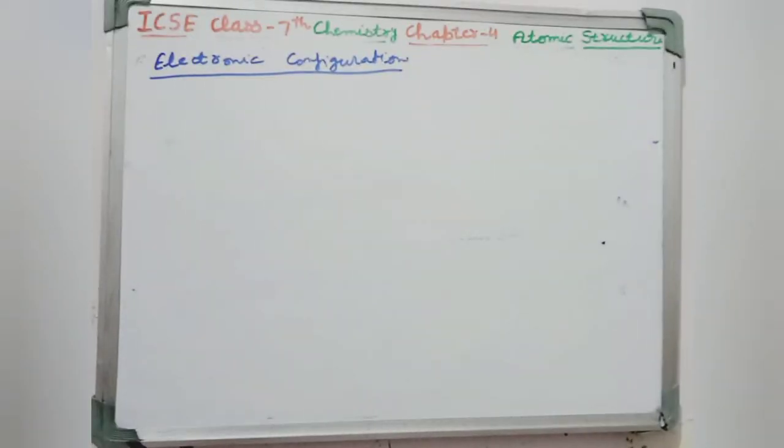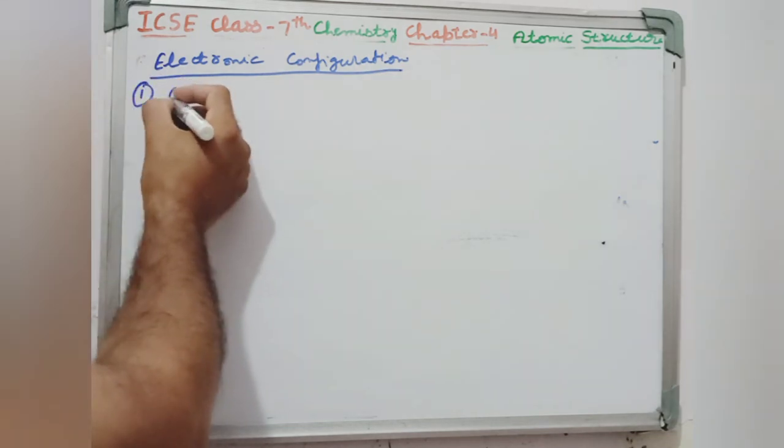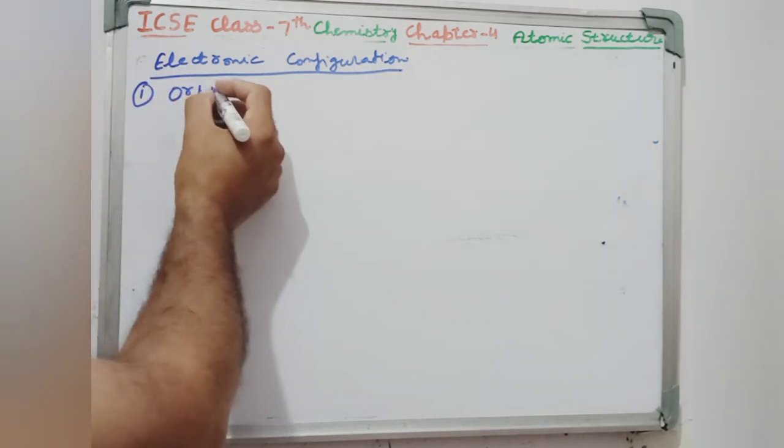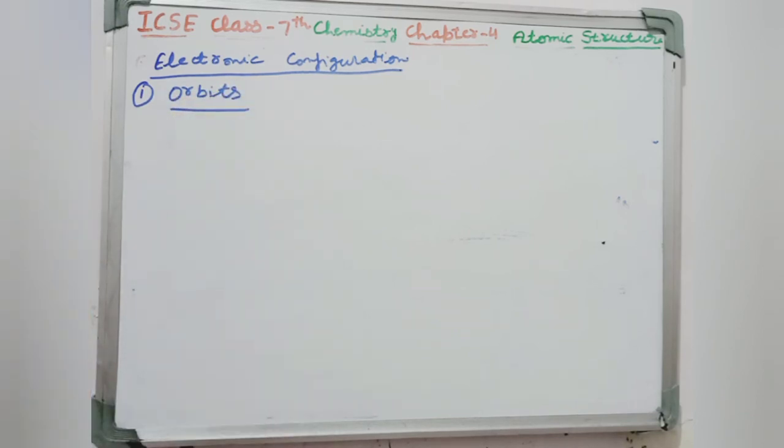first, there are some basic things you should know. Number one is orbits. Orbits I have already explained to you.